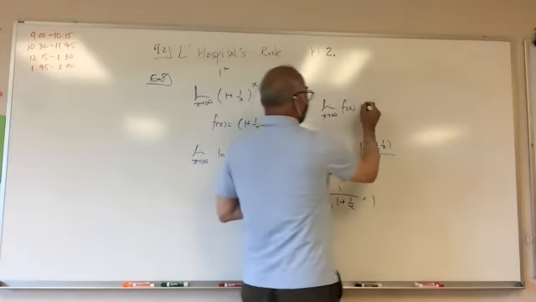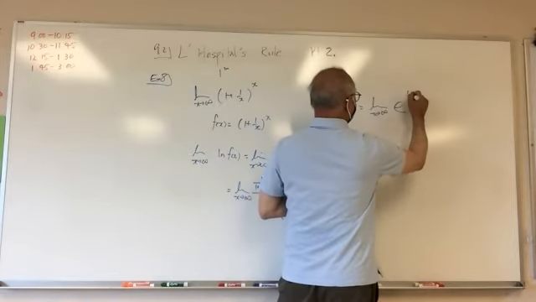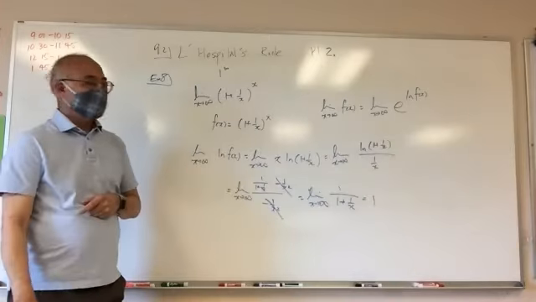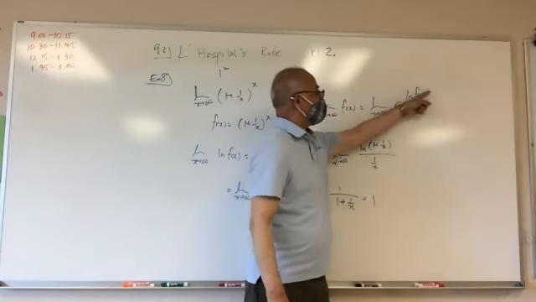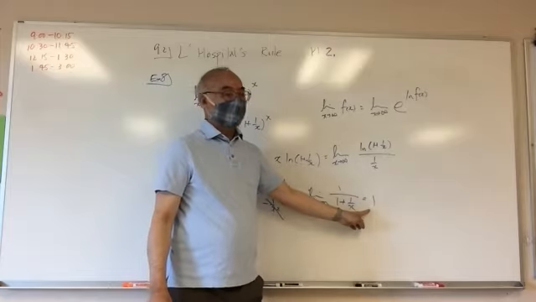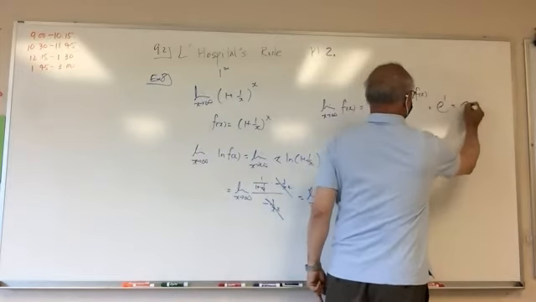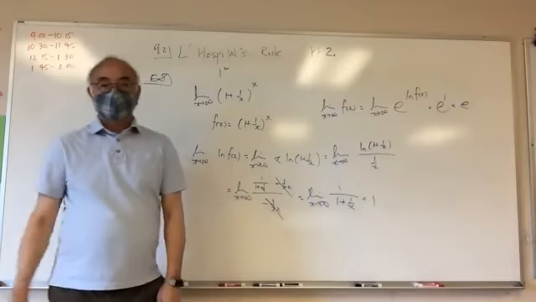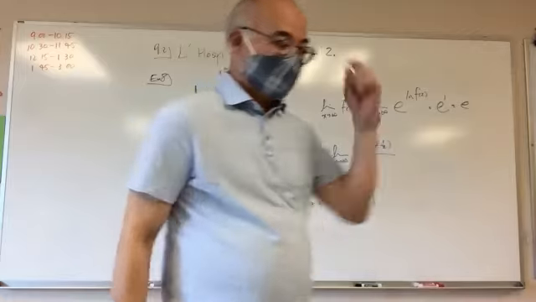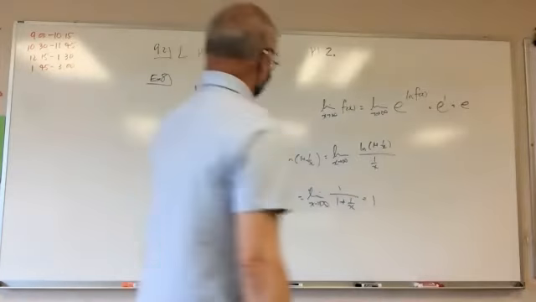But what I found was that this guy here goes to what? 1. So this guy here is going to be e to the 1. Does that make sense? Okay. So the answer is E. Okay. Let's try one more.